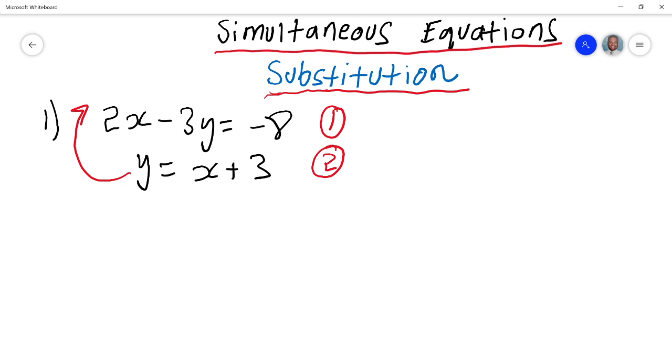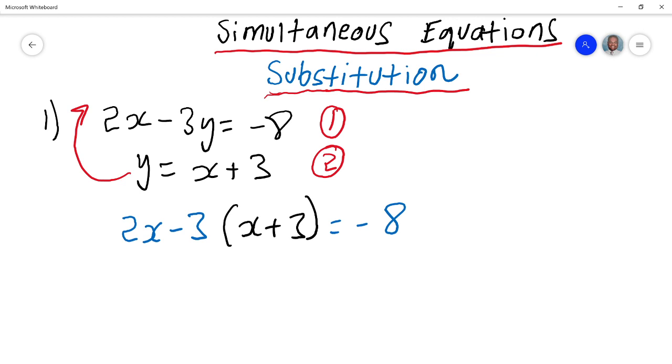So let's see how we go about that. We're going to do 2x minus 3, in a different color so you can see, in brackets x plus 3, equals negative 8. So in place of y in the first equation, I've now replaced y with x plus 3 from the second equation.